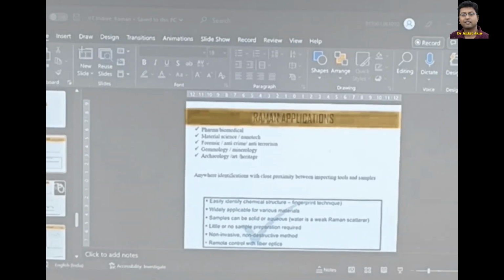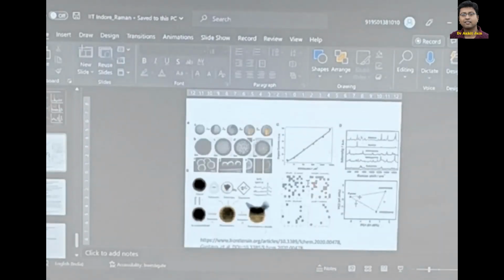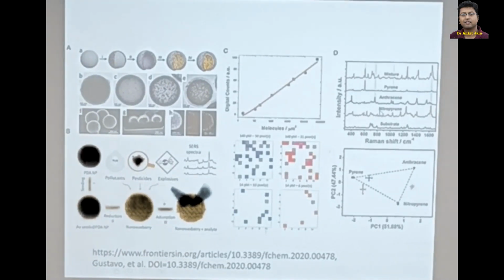Supposedly, like we saw in this particular graph, I'll just go back to it. See, if you know that my mixture, this is in pink, comprises nitropyrene, anthracene and pyrene, and you know the peak positions of all these three, then you will be able to say this is my mixture of these three.